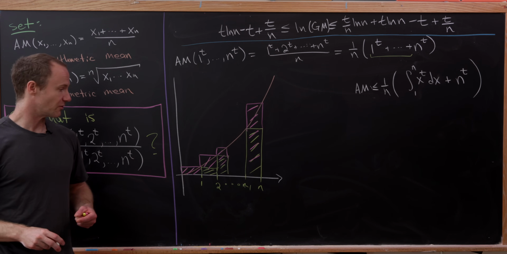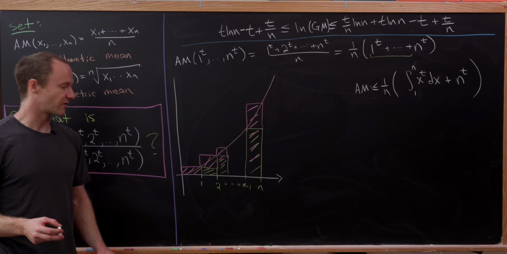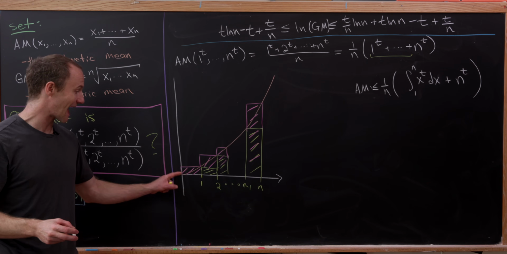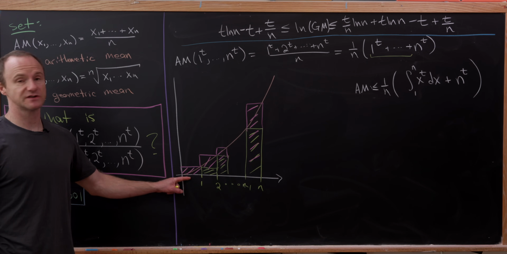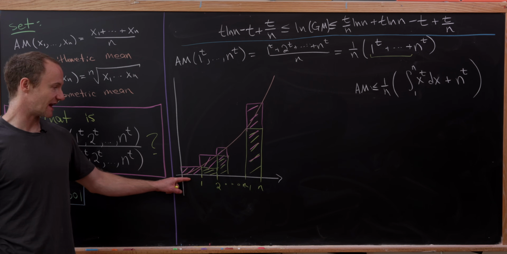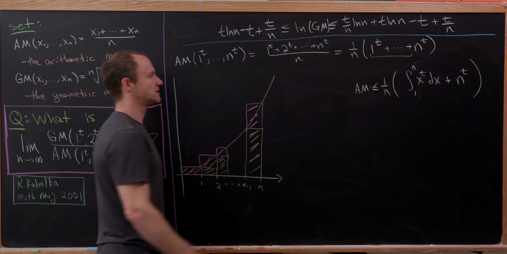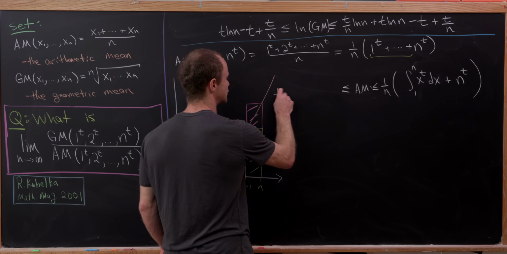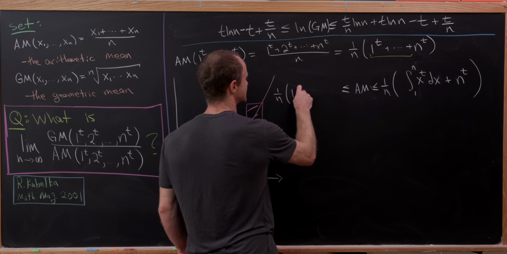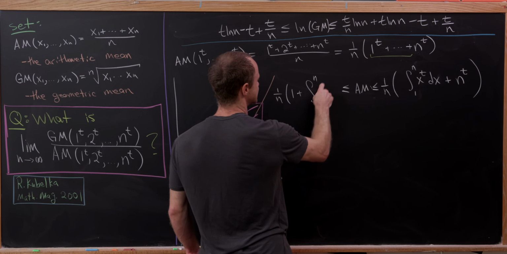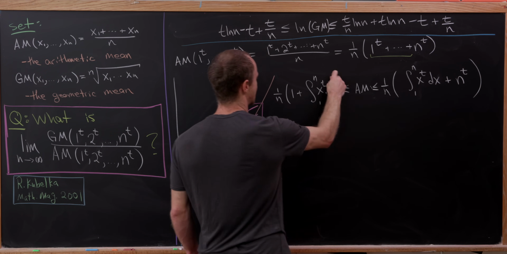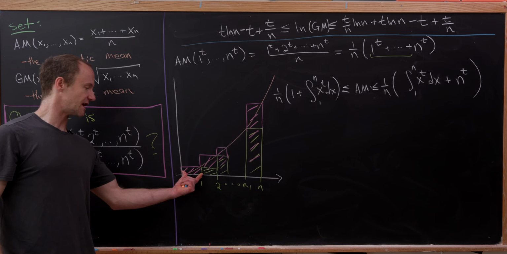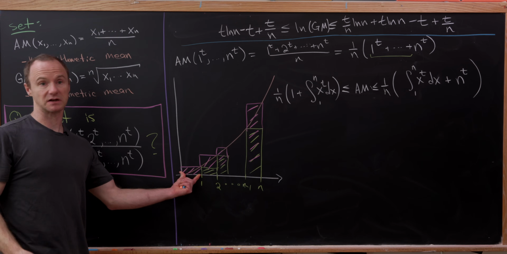And furthermore, if we're looking at the integral from 1 to n, well then we don't even have this bit down here. So that means we'll have to add that in as well. So let's see, now the arithmetic mean will be less than or equal to 1 over n, and then times 1 plus the integral from 1 to n of x to the t dx, where I had to add that 1 in from this rectangle that we had to include.